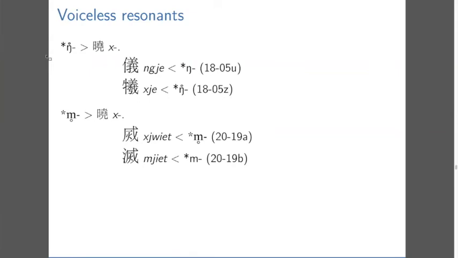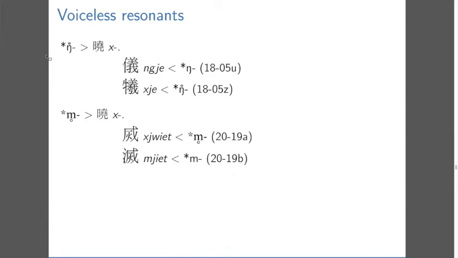So here are some examples. We see that we have two characters that have the same rhyme, the same phonetic, but one begins with a nga and one begins with a ha.